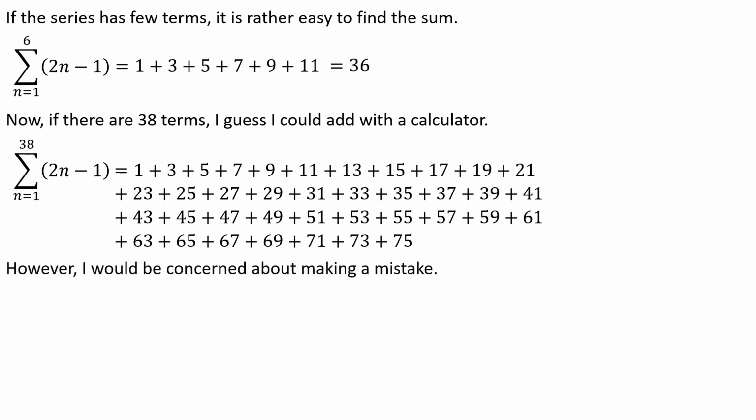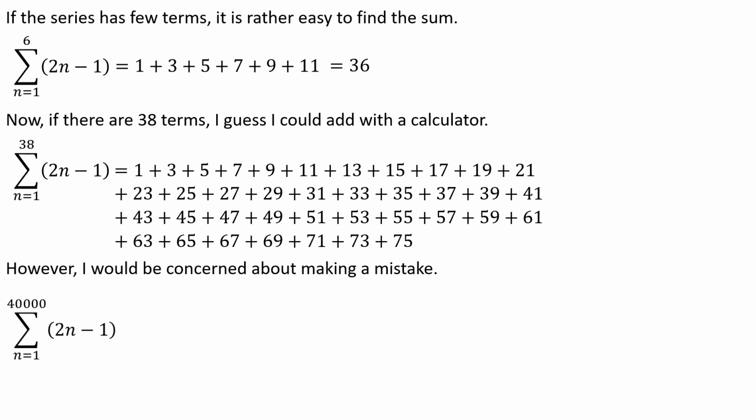And truth be told, I'd be a little worried about making a mistake, right? Because I know I've done it where I've typed in numbers to a calculator, I hit equals, I get an answer, and I've got the wrong answer. Maybe I typed it into the calculator incorrectly. If I've got to type that many numbers into a calculator, I might make a mistake, and it's going to take a bit of time.